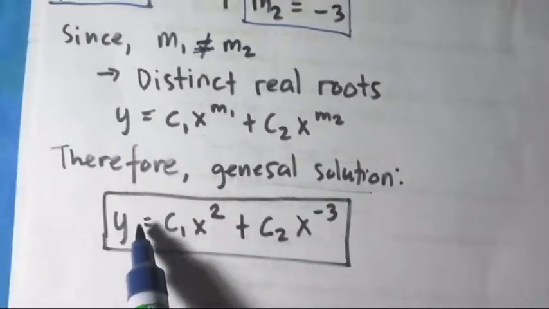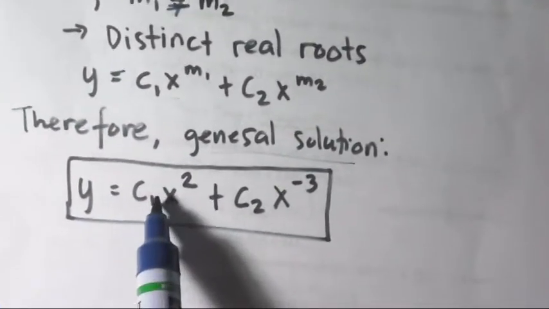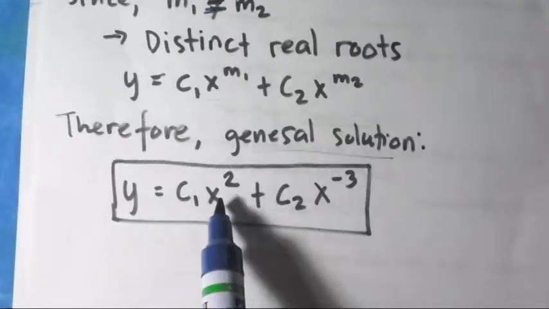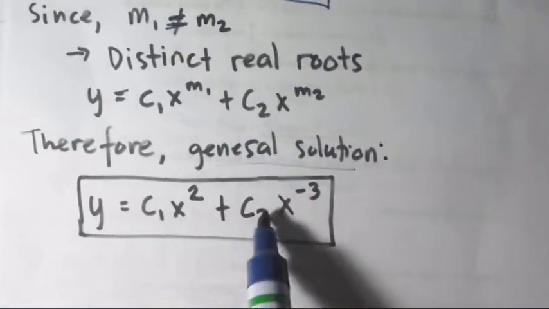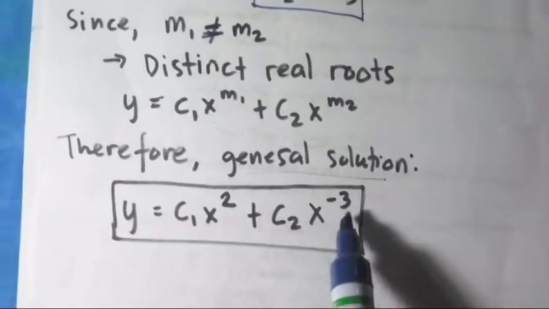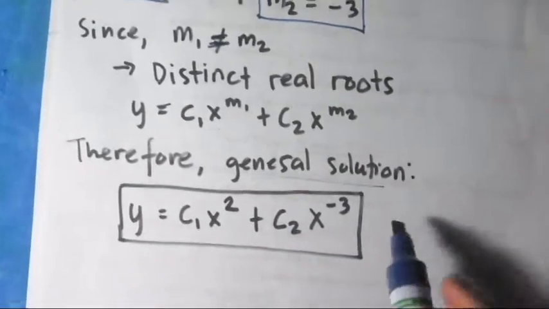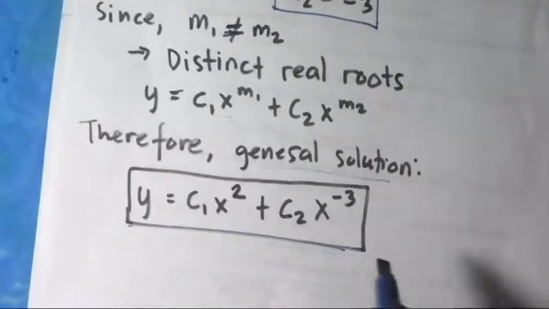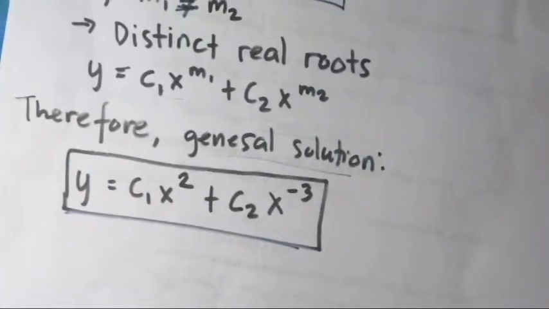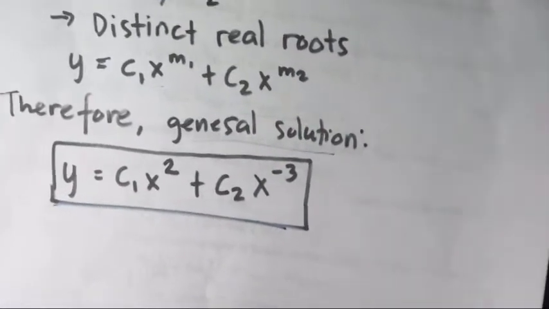Therefore, y equals c1 x to the 2 plus c2 x to the negative 3. And this is the general solution of our equation. Thank you for listening.